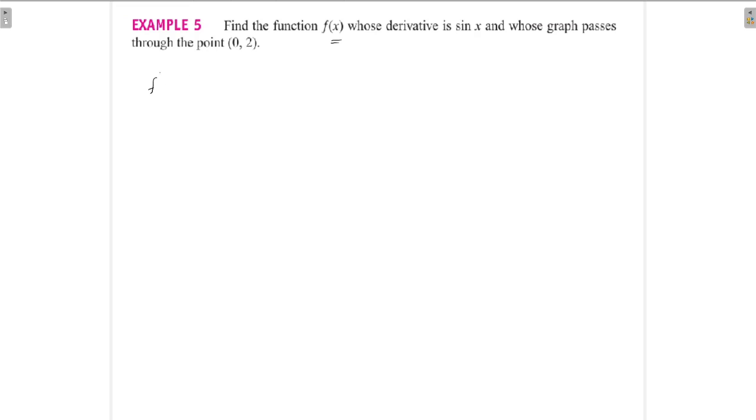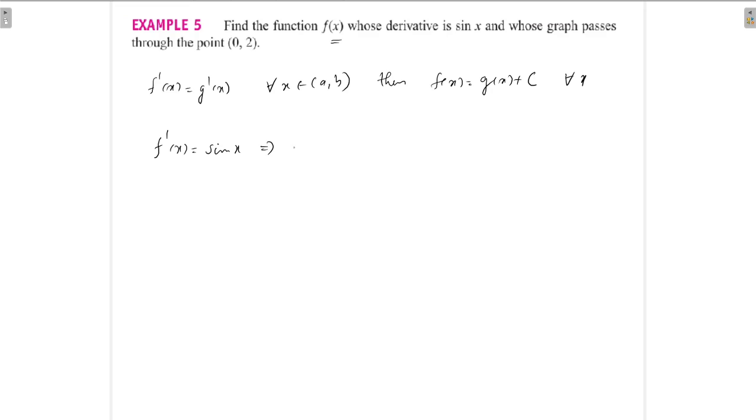We know that whenever f dash x equal to g dash x for all x belongs to open interval AB, then you can write f of x equal to g of x plus c for all x. We are given that the derivative of f of x is sin x. So that is f dash x equal to sin x. This is the given quantity.